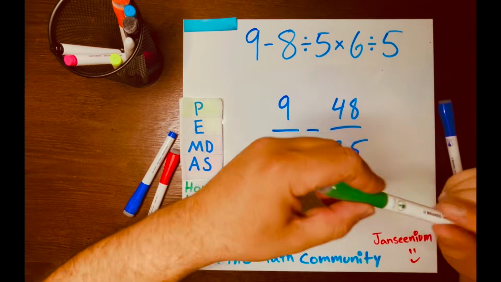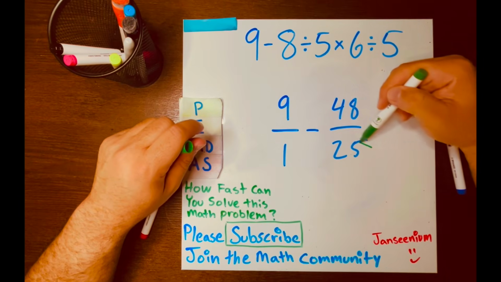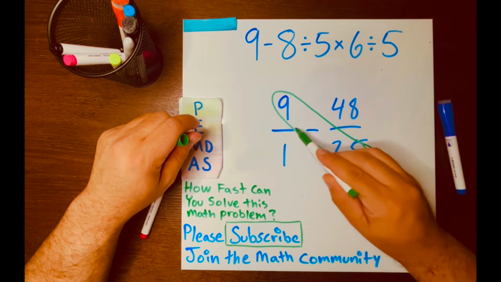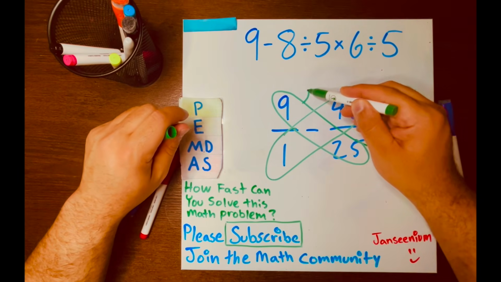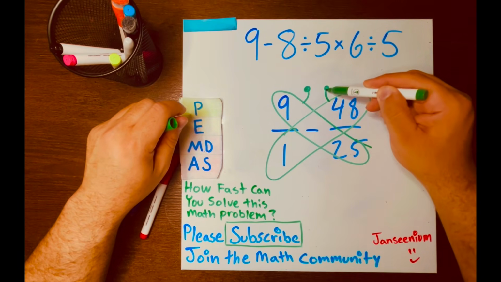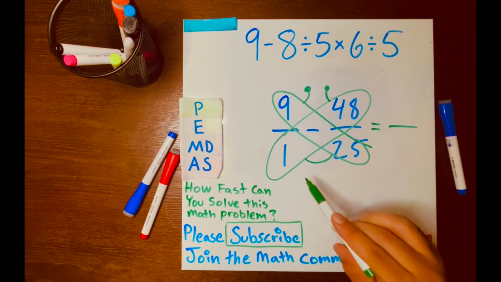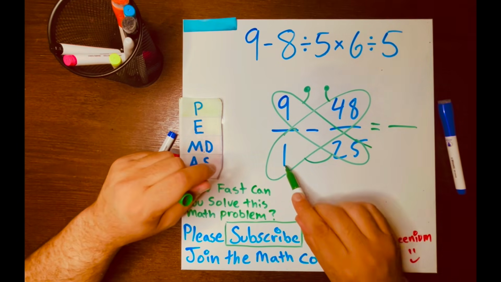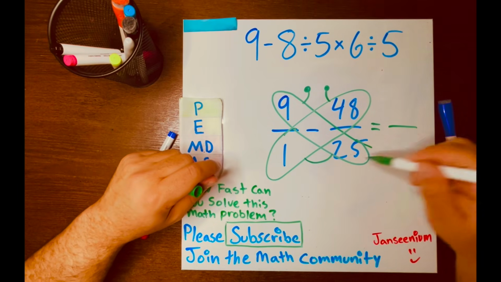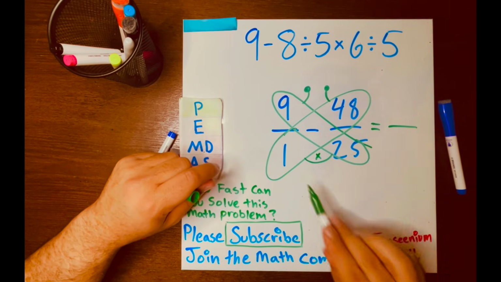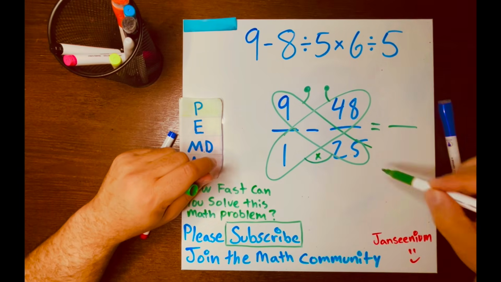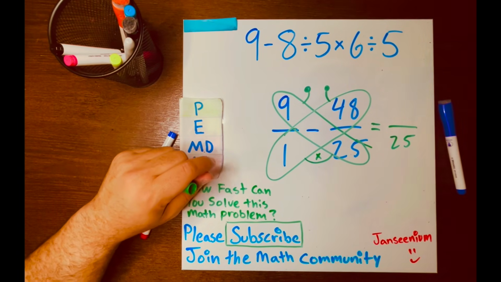So I will draw the wings, and then the antennas, and then the body of the butterfly. And the body always gives you the denominator, which is 1 times 25. Here's the multiplication symbol. 1 times 25 is 25.